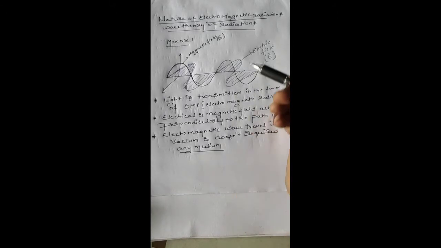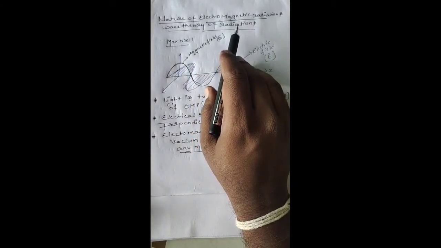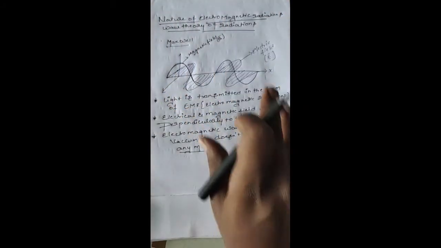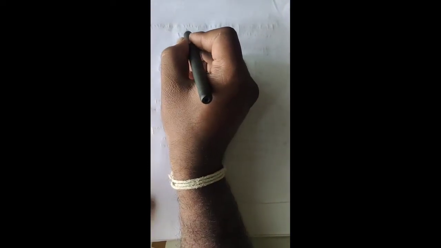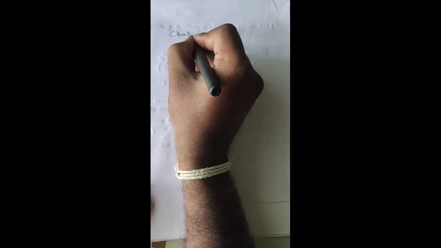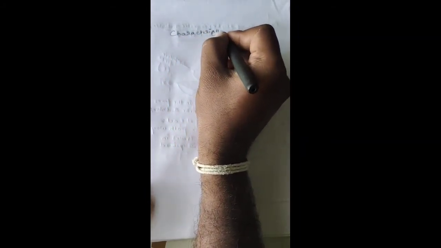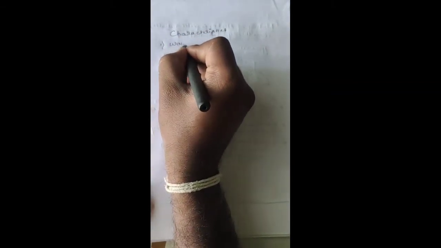Next, while seeing these electromagnetic radiations, the wave theory of radiations, we know some characteristics. The characteristics are, number one, wavelength.